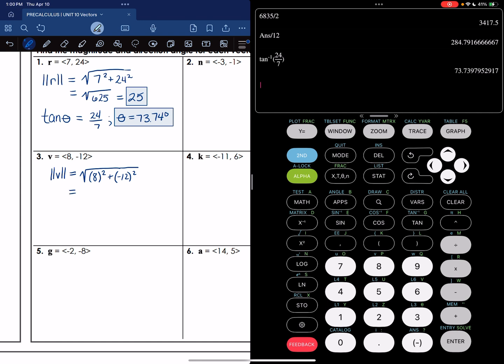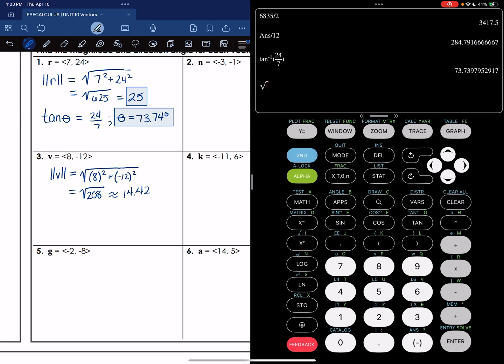When you take that expression and type it in your calculator, you're going to have the square root of 208, which if we go ahead and do that as a decimal approximation, is 14.42, which you'll see right here.